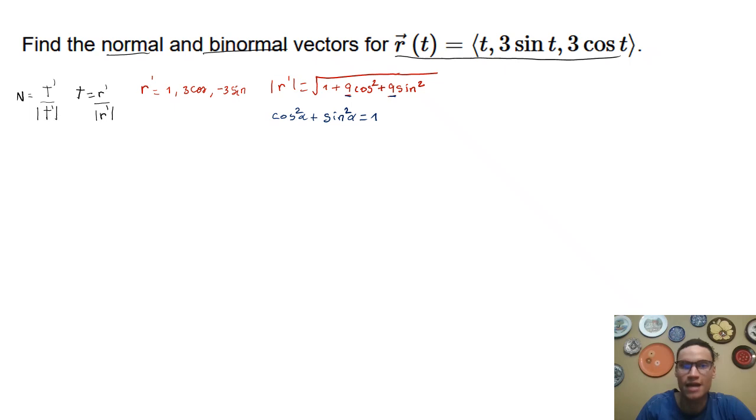So it will be 9 times 1. So our module, let's grab red again, is basically equal to the square root of 10, 1 plus 9. Okay, so we have the first derivative and the module of the first derivative. We can get the tangent vector.